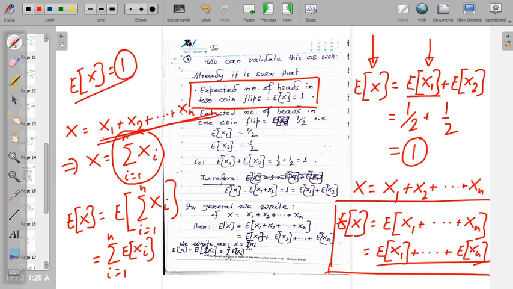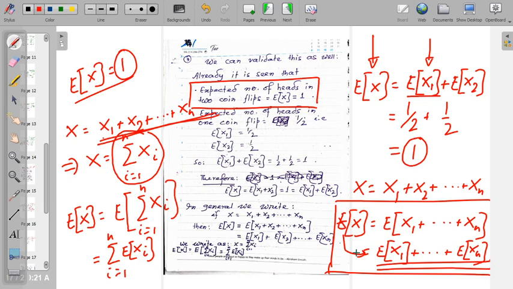If I expand this, for i equals 1 it is expectation of x1, for i equals 2 it is expectation of x2. So by linearity of expectation, we take expectation inside.